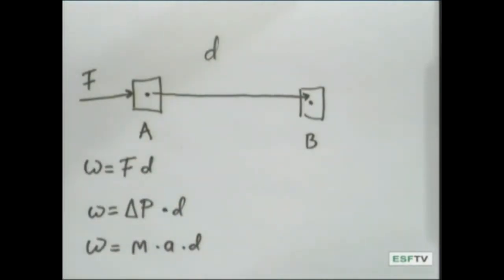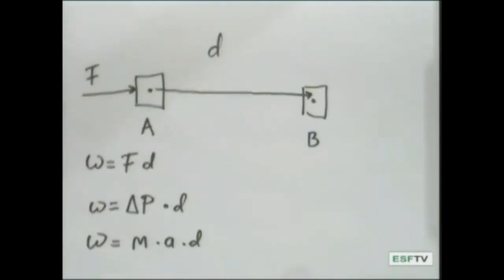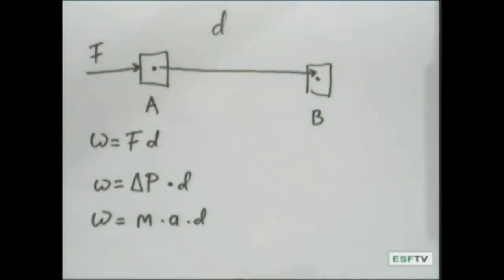Now this is a fundamental relationship because it's derived basically just from Newton's first law and the equivalence of force with a change of momentum. We can carry on then and take this to its logical conclusion.